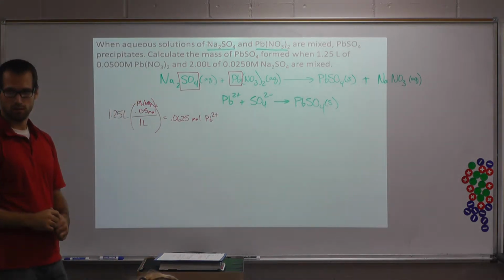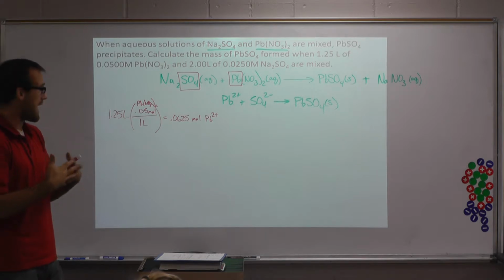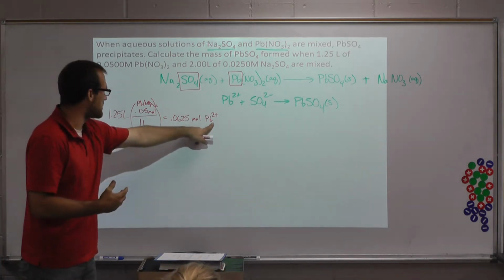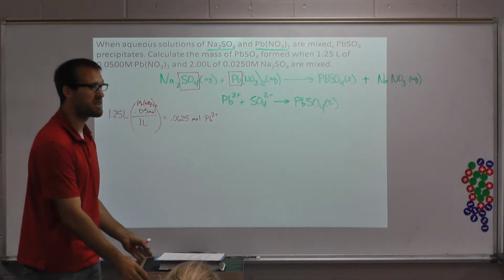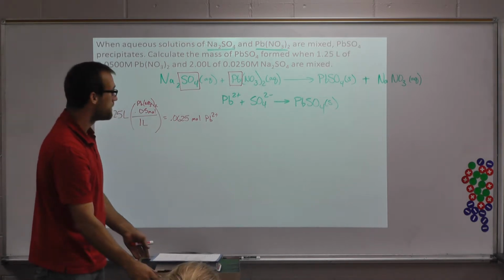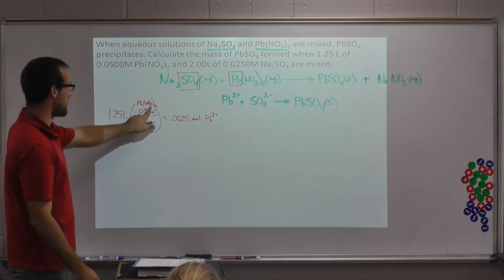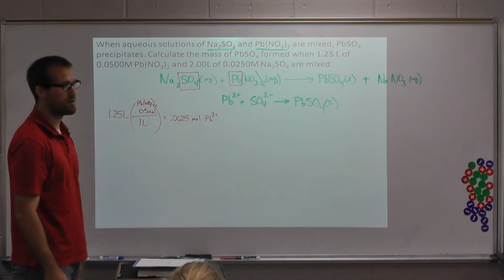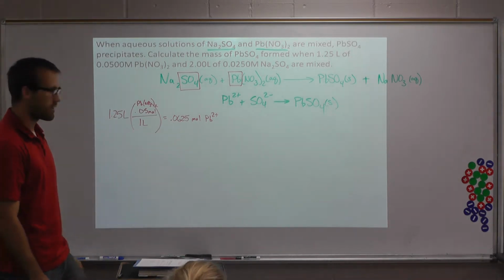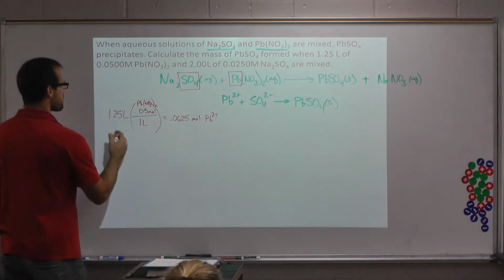As long as you remember that, I can assume this is the same as the moles of the whole thing because of the ratio. That is very important. What if I wanted nitrate ions? What would I have to do with that number? Multiply by 2.